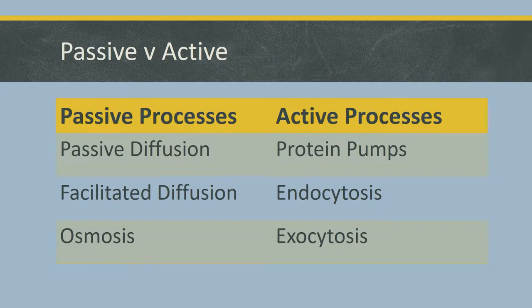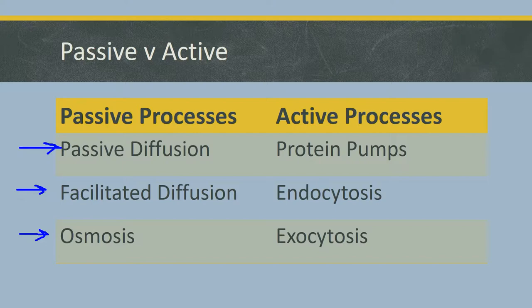As you can see from the graphic, and as I've already said, there are 3 passive processes and 3 active processes. We're going to talk about the passive ones first, and then we'll talk about the active ones. The first one is passive diffusion. The second one will be facilitated diffusion, and the third one would be osmosis.